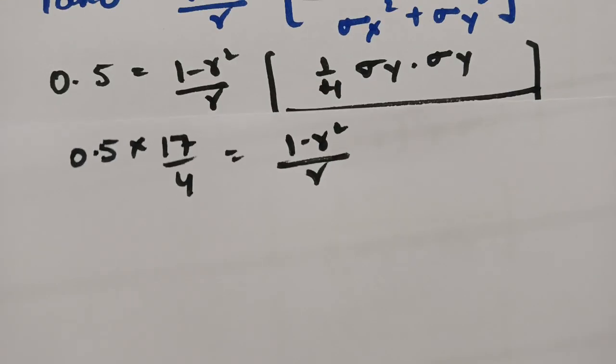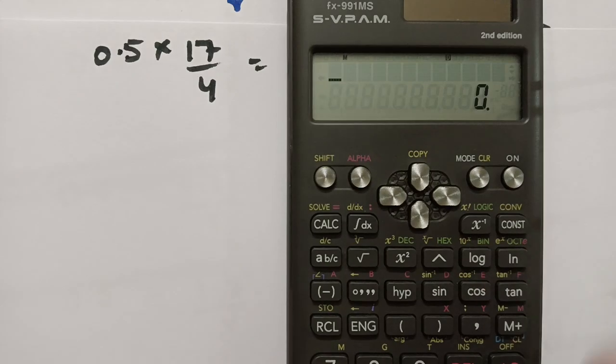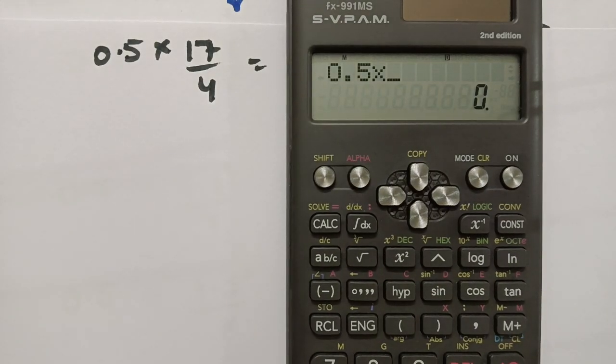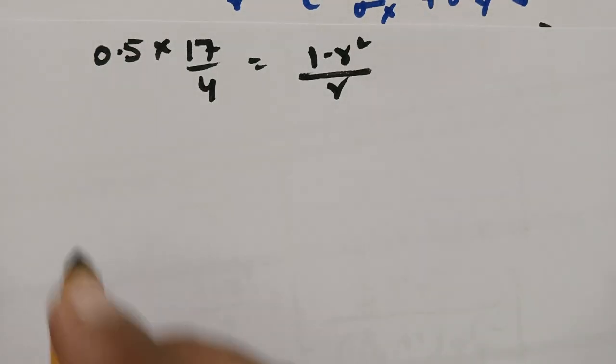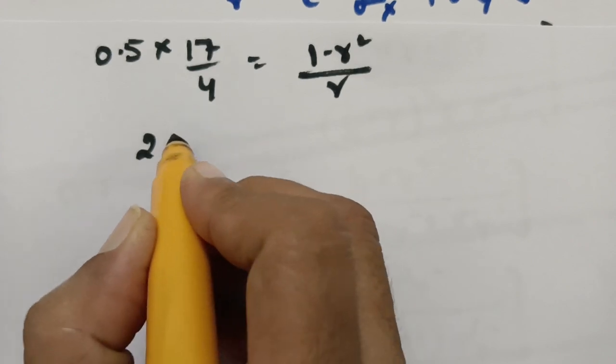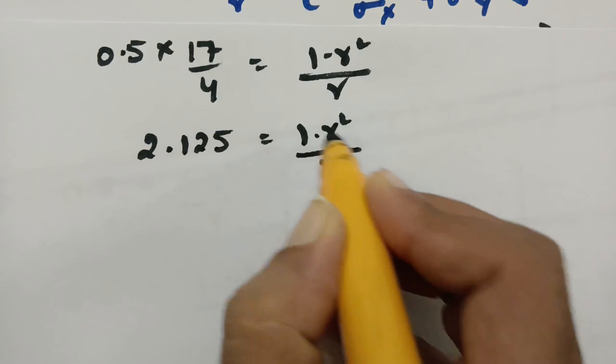And now we are going to find out the value of r. Here, using the calculator, this is 0.5 into 17 divided by 4. The value here is 2.125, is equal to (1 minus r square) by r.